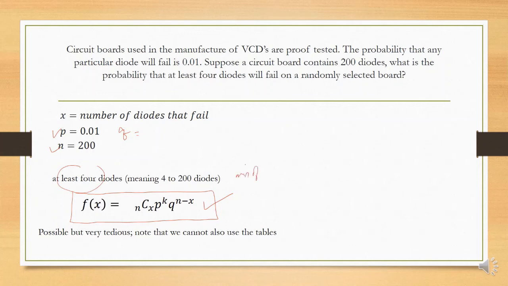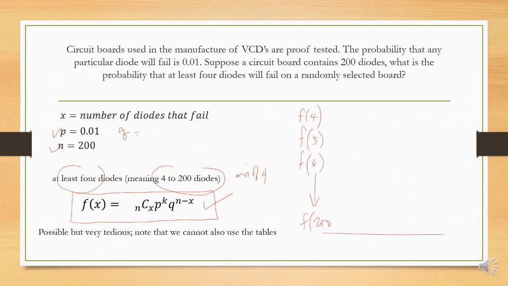Meaning, 4 hanggang dun sa dulo. So, 4 hanggang 200. Imagine the work, no? That you will be doing to add the functions hanggang f ng 200. So, kapag yan nakuha mo, makukuha mo yung probability. It is possible, but it is very tedious.